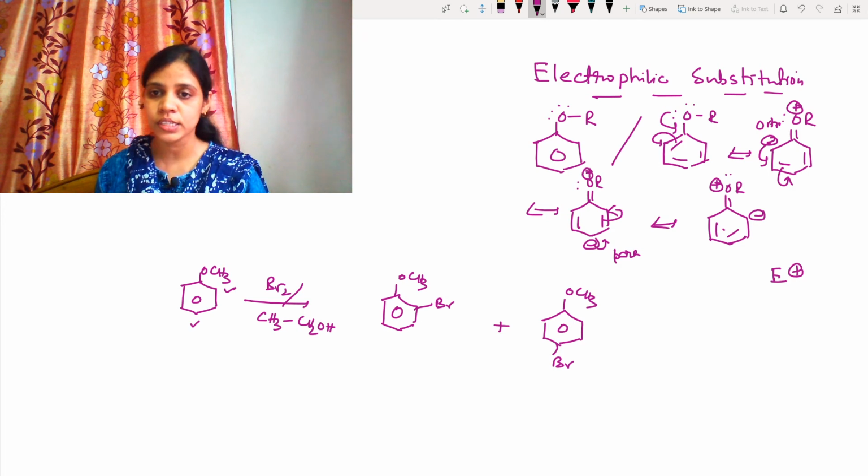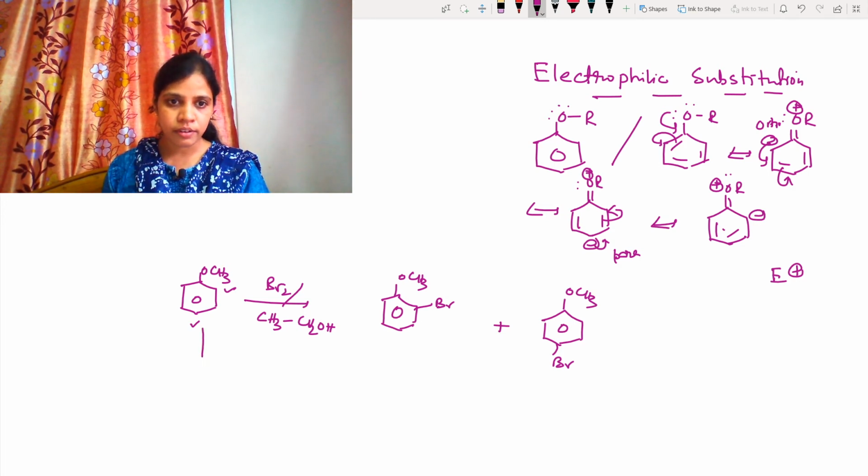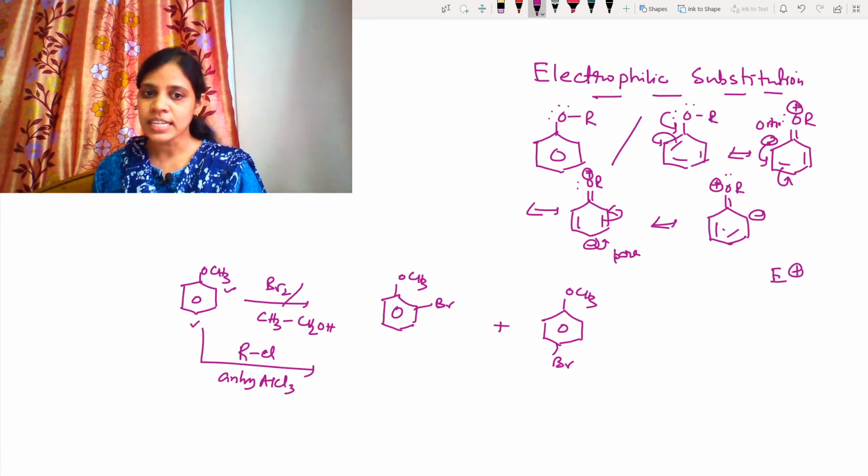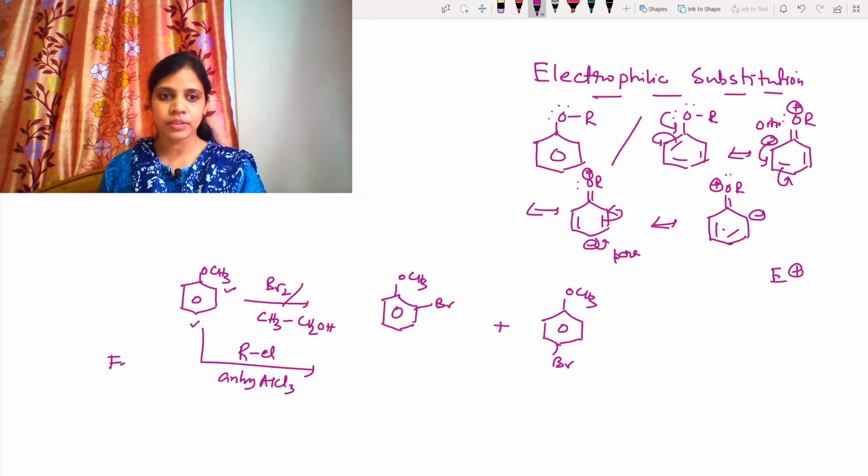The para product is always more stable than the ortho product. When this one reacts with alkyl halide in the presence of anhydrous AlCl3, what is the name of this reaction? This is Friedel-Crafts alkylation.